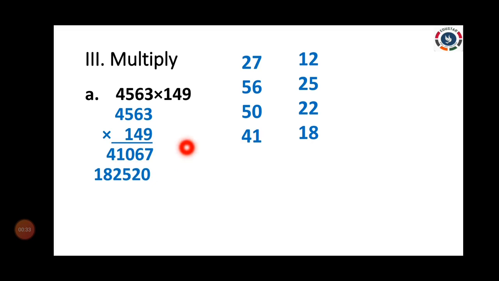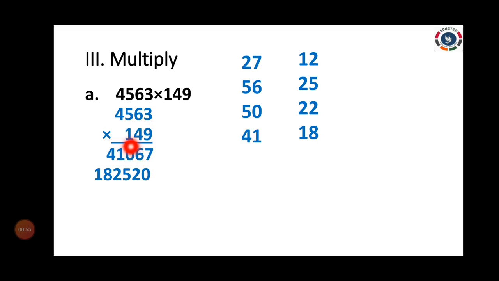Then second step, 4563 into 4, that is a tens place value, we want to multiply by that. So it is equal to 1,82,520. And this is the second step. And 4563 into 1.